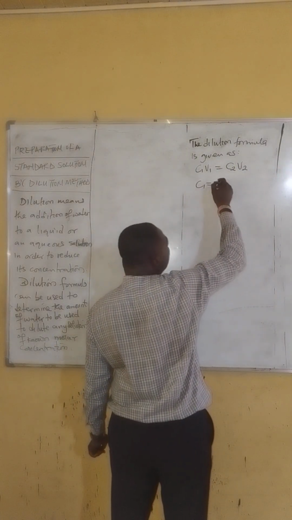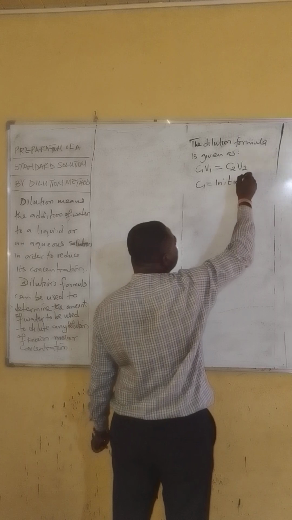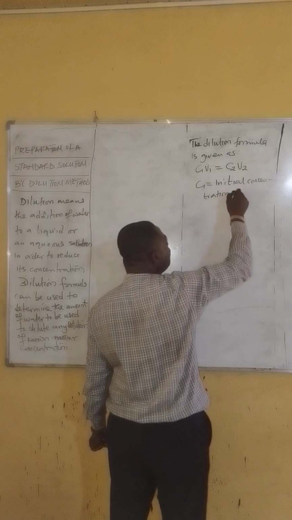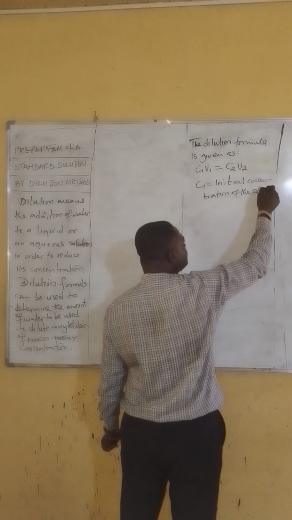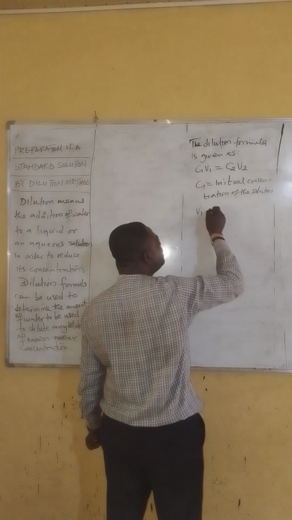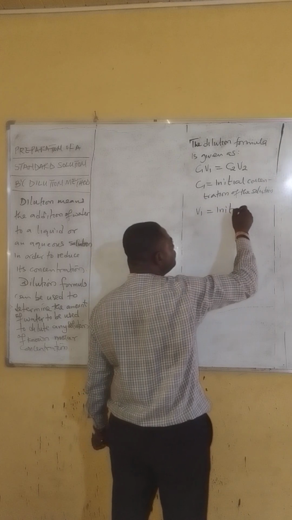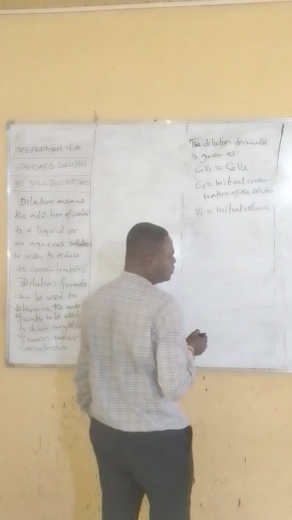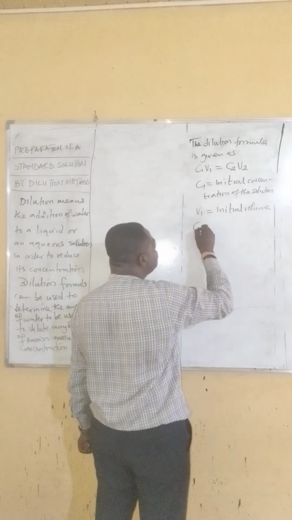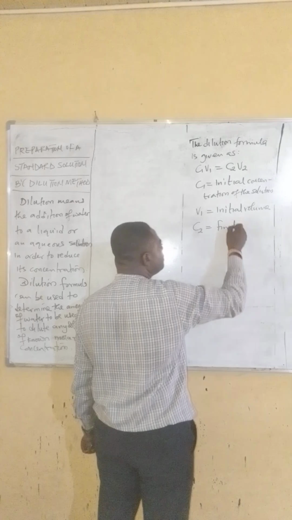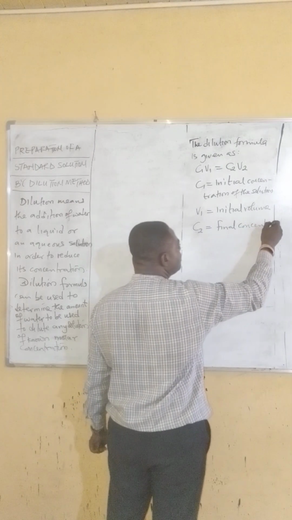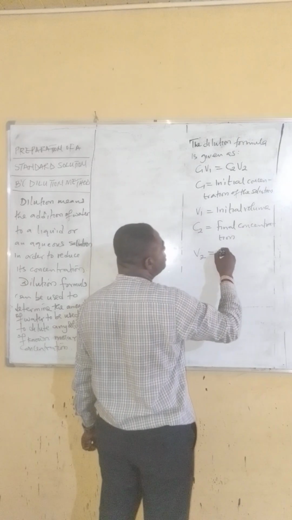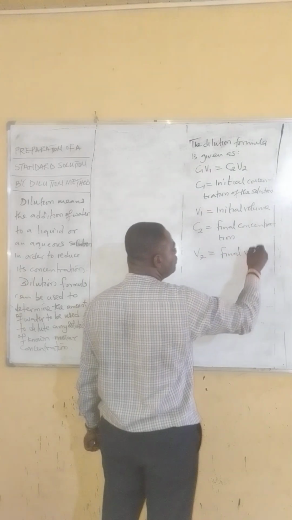Our C1 is the initial concentration of the solution, while V1 is the initial volume, while C2 is the final concentration, while V2 is the final volume.